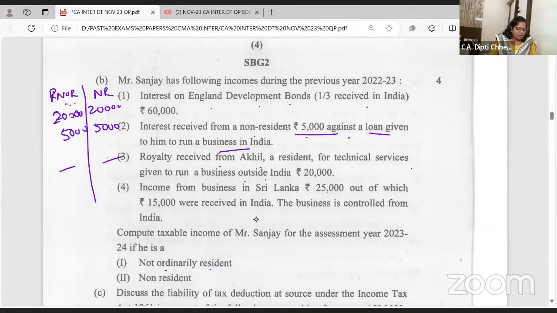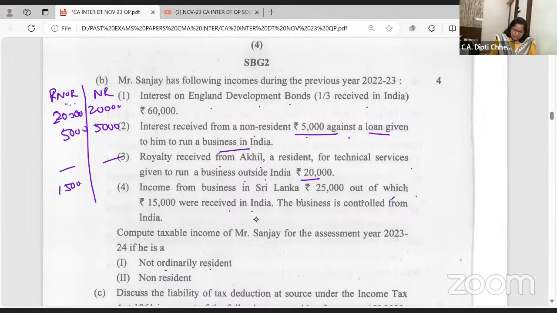Even resident but not ordinary, they will not pay the tax because neither income is accruing in India nor it is received in India. Income from business in Sri Lanka, 25,000, out of which 15,000 were received in India.